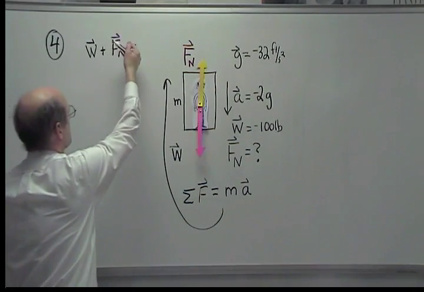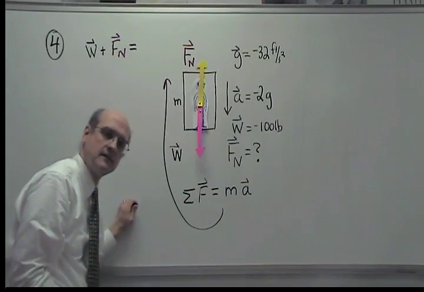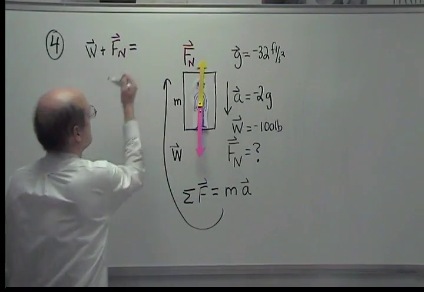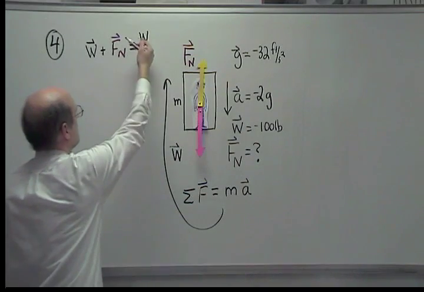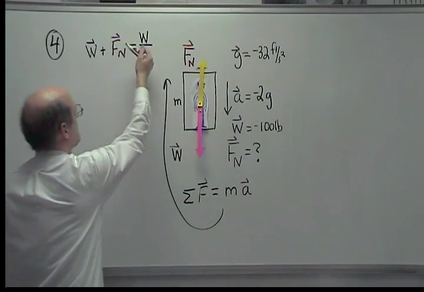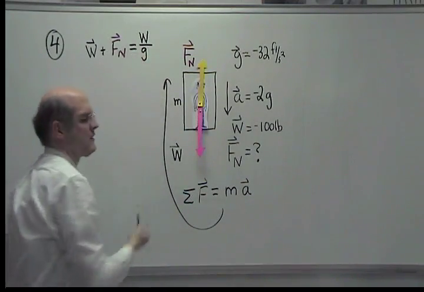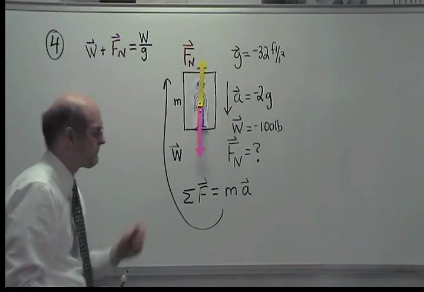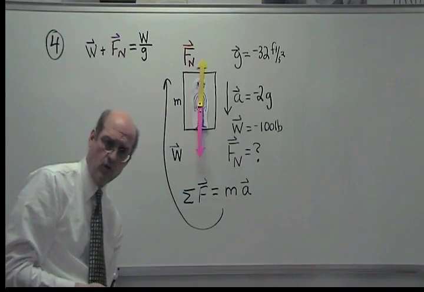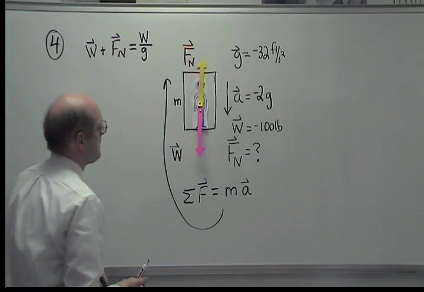The mass, from Newton's second law, is the person's weight divided by the acceleration due to gravity. Since they're both in the same direction, I can just write the magnitudes. Remember, mass is a scalar quantity. It has no direction.